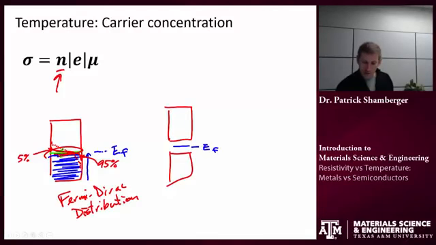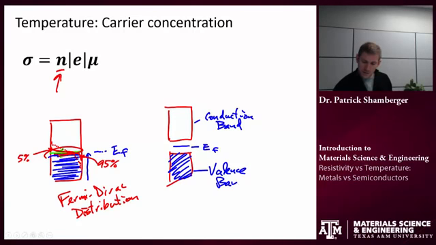At 0 Kelvin, I would have no electrons excited up to the conduction band from the valence band. At any temperature above that, though, I'm going to have some small number of electrons that gets excited up.